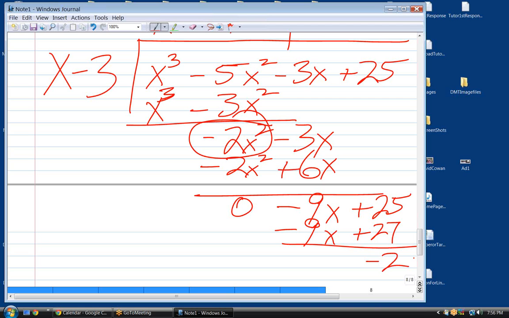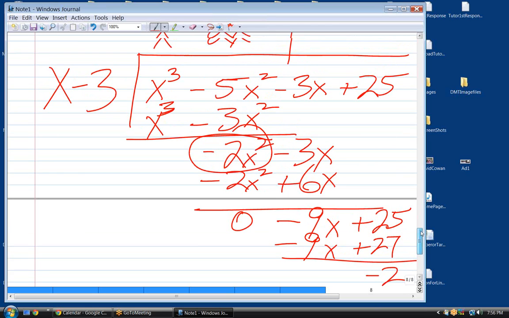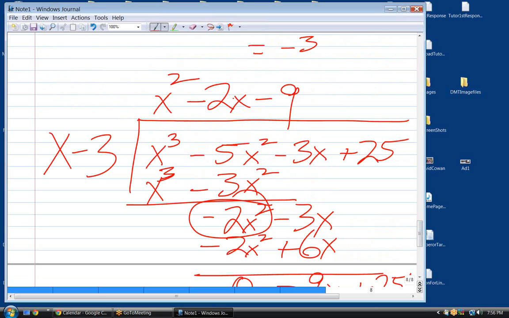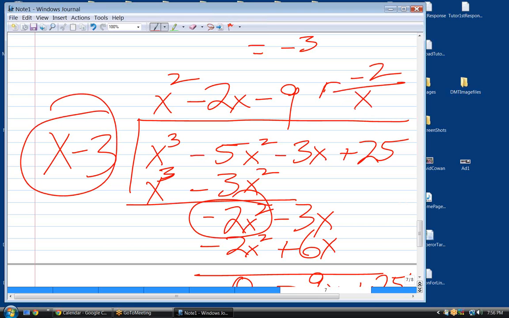That's a minus 2 remainder, which means my answer is x squared minus 2x minus 9 minus 2 over x minus 3. That's how you deal with the remainder: because it's negative, I subtract it from the answer.